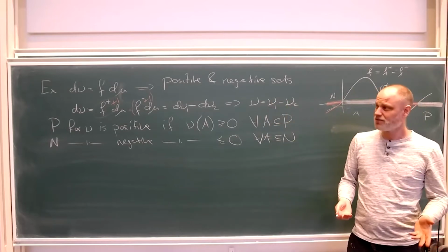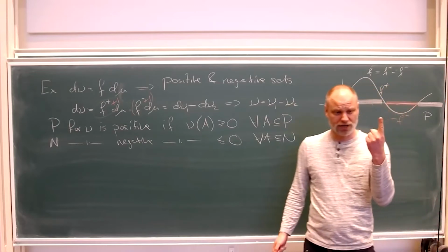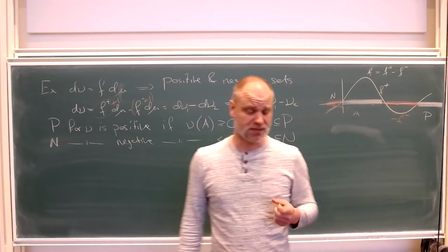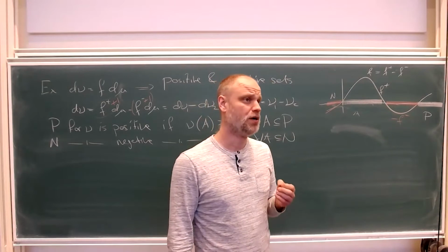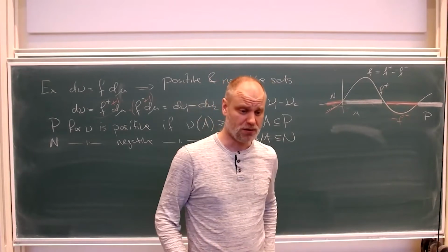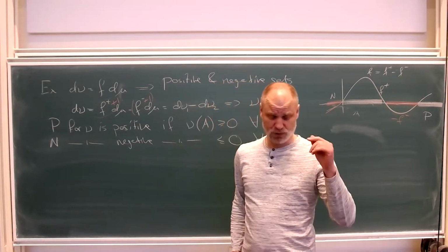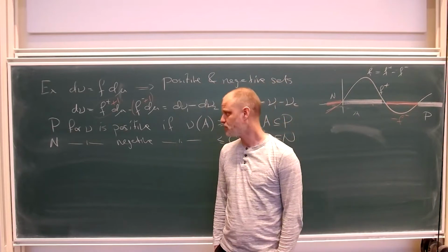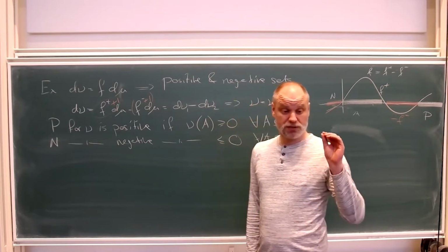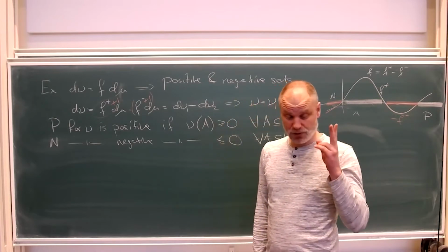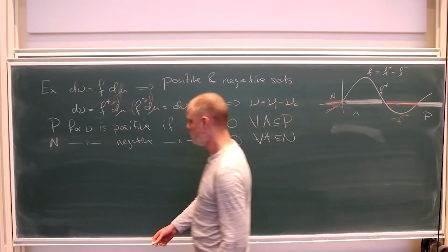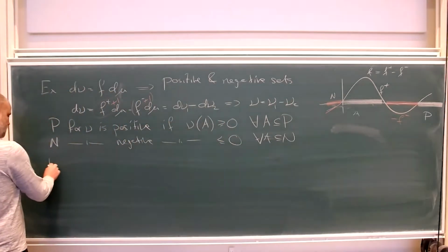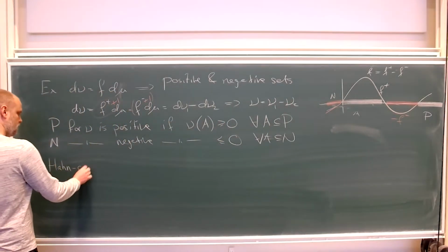How on earth to pull it out from this one equation that defines what it means to be a signed measure? Well, we have two, but the first one is silly. Empty set has measure 0. Okay, so there are two key theorems. The first one is the Hahn decomposition theorem.